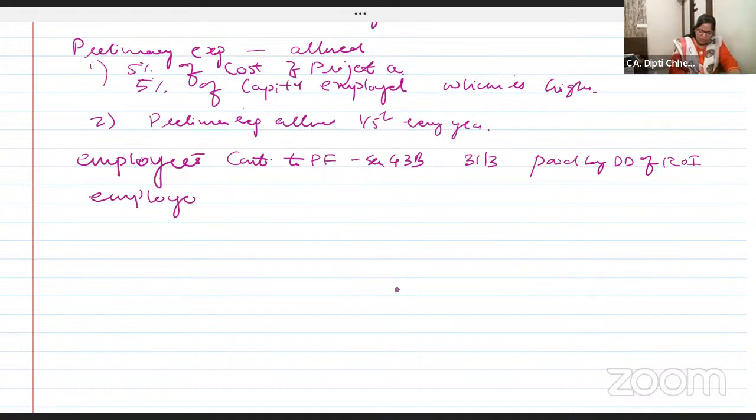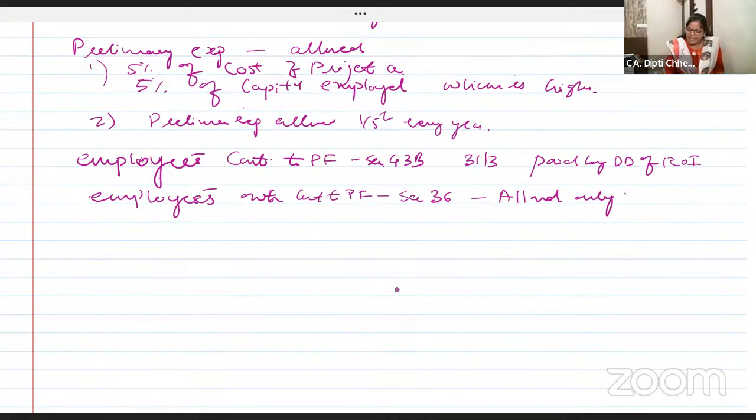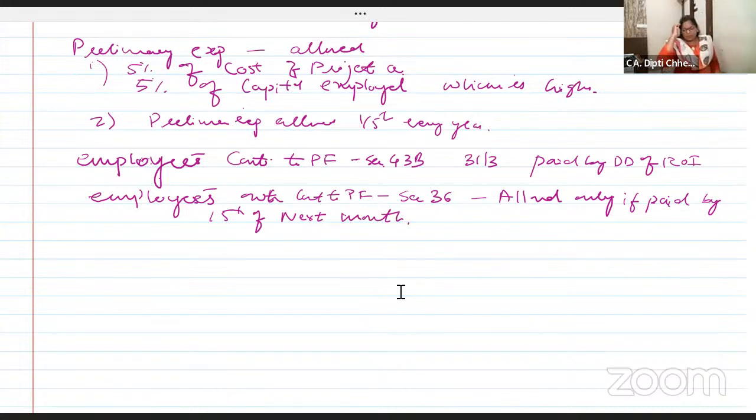Now employees own contribution. Here section 36 is applicable. This is allowed only if paid by 15th of next month. Clear to all of you? 15th of next month.